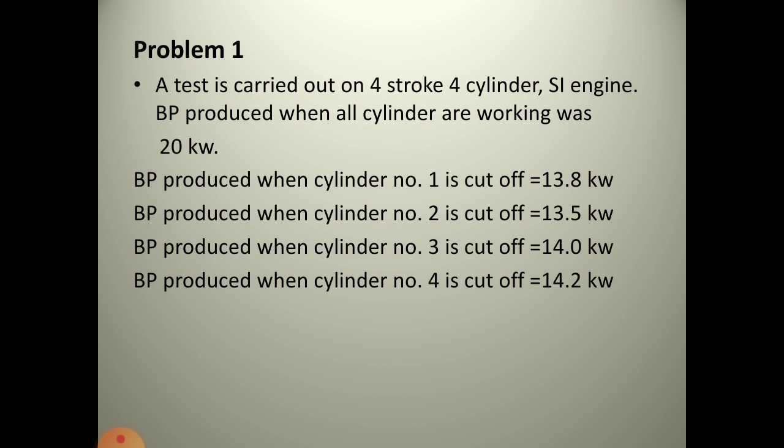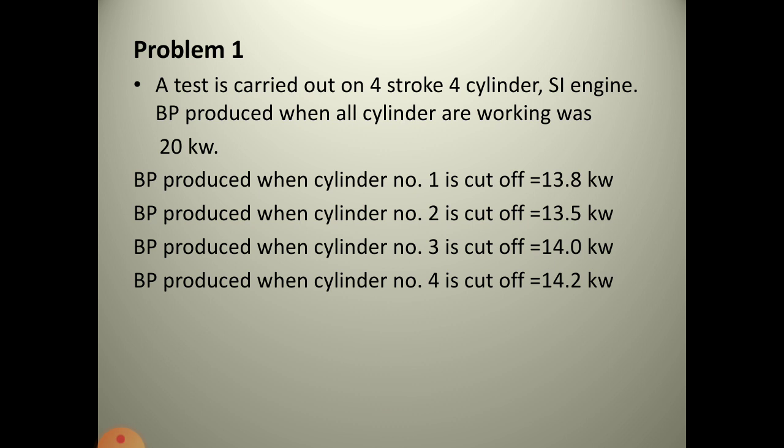So here we have to conduct the Moore test on the 4-cylinder SI engine for getting the total indicated power, because the total brake power of the engine is already given, and when the cylinders are cut off one by one, the brake power produced by the remaining cylinders is given here.